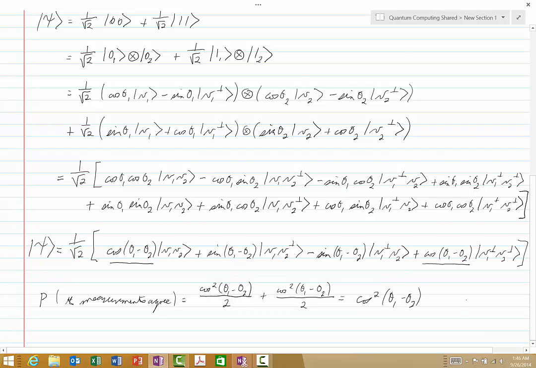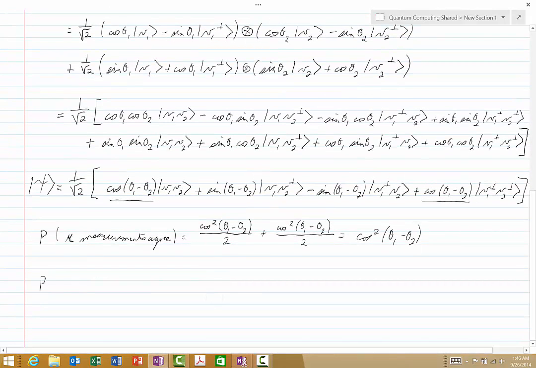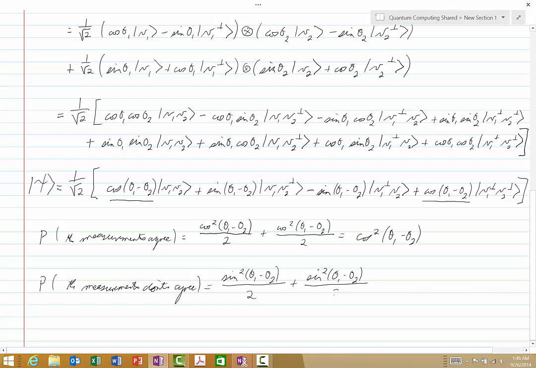And on the other hand, the probability that the measurements don't agree is equal to sine squared of theta 1 minus theta 2 over 2 plus sine squared of theta 1 minus theta 2 over 2. You see that's simply the other terms.